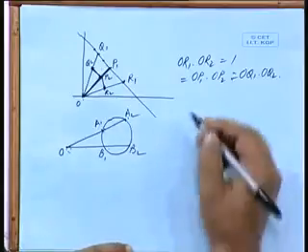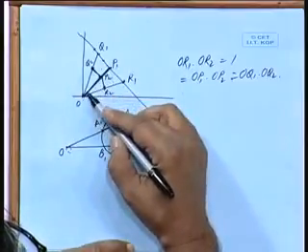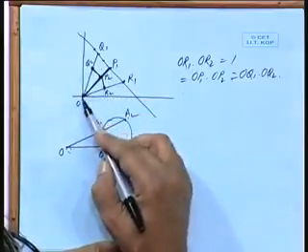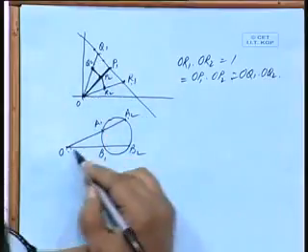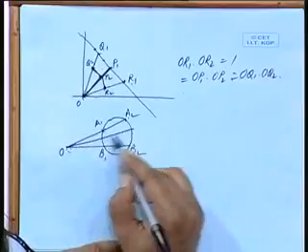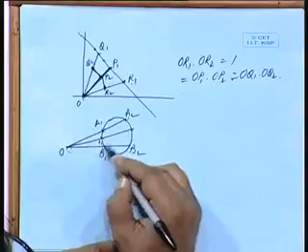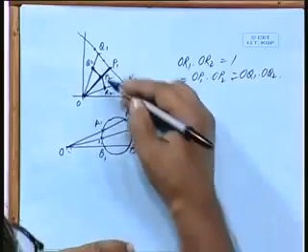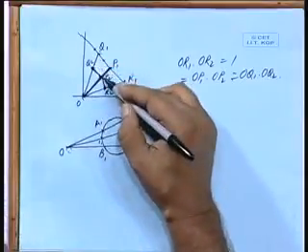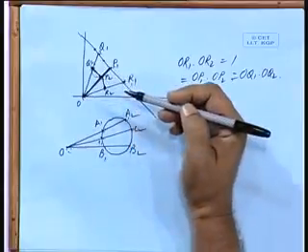Is that all right? So, if I find OP1 into OP2 is equal to OR2 into OR1 is equal to OQ2 into OQ1, what does it prove? These points A1, A2, B1, B2, C1, C2, these are all lying on a circle. So, let us take these 4 points Q1, Q2, P2, P1, these are lying on a circle.